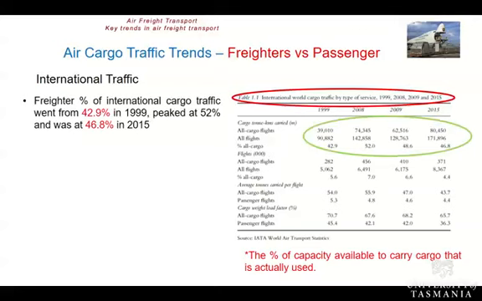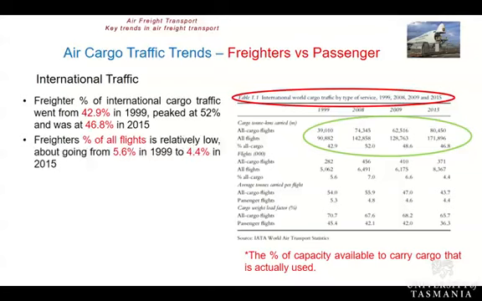And what this shows us is that freighters account for, in 1999, 43% of all air cargo that was carried, peaking at 52% in 2008, and it currently sits at around about 47%. So 47% of all air cargo that's carried around the globe is carried in a freighter. So 53% is carried in a passenger aircraft.